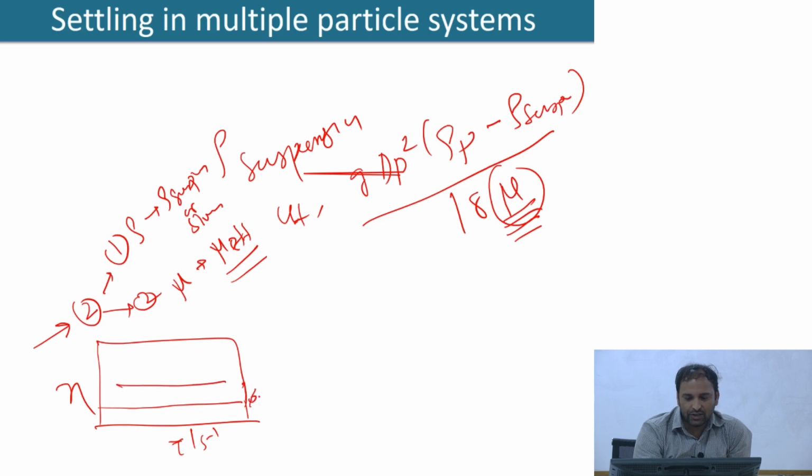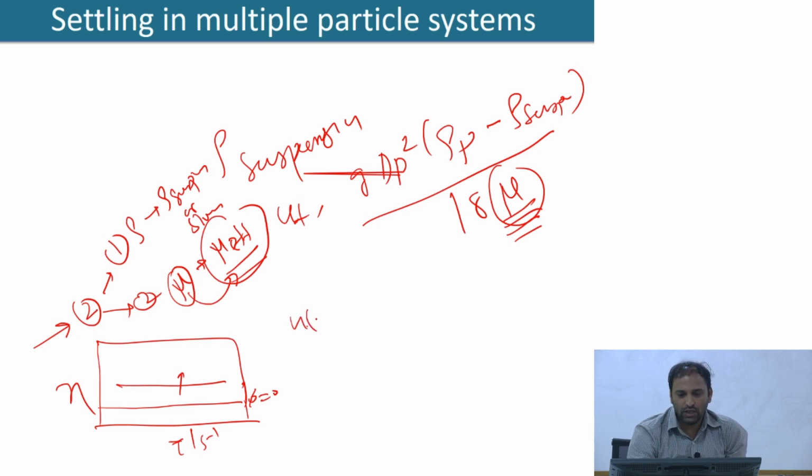If you have phi equal to 0, add a little bit of particles, the viscosity goes up. In general, the viscosity is known to increase with the addition of particles. Therefore, your mu should be replaced with mu effective, where mu effective is the viscosity of the particle filled fluid system.